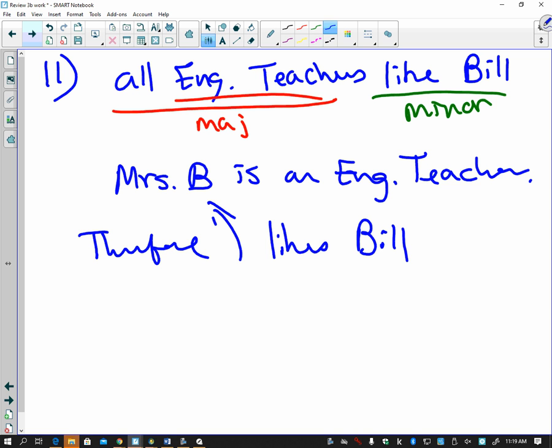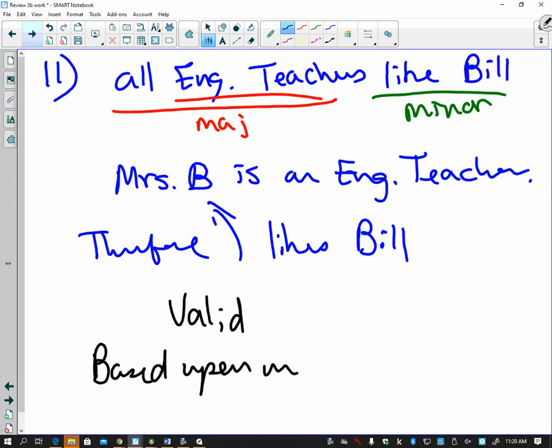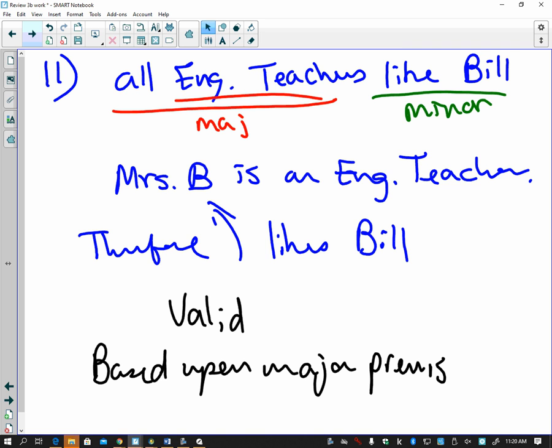Valid or invalid? Valid. Why? Right, because it's based upon the major premise. Valid or invalid is fine. Okay. All right, that was 11.